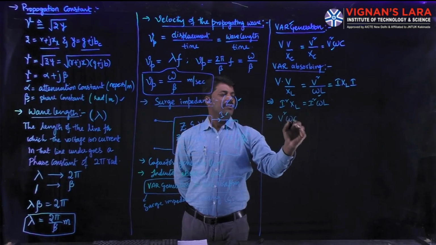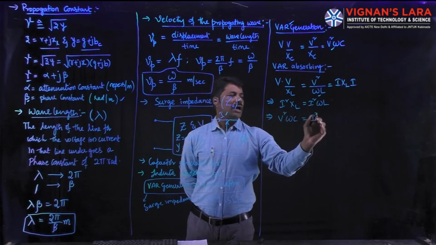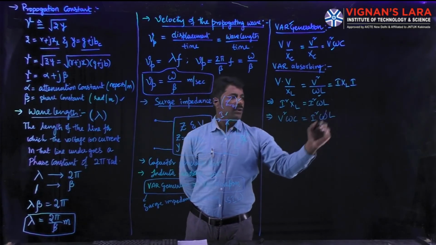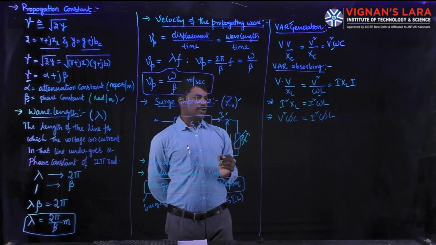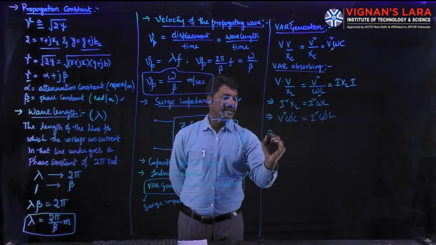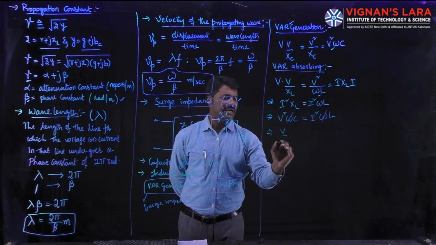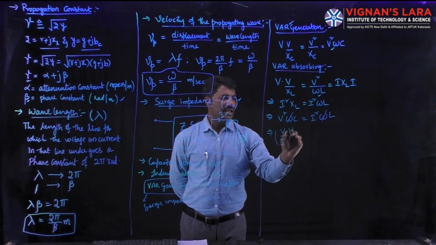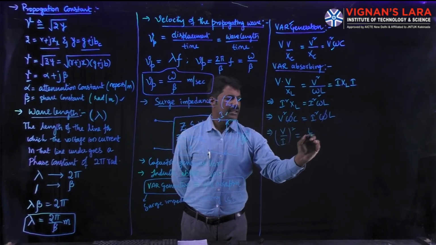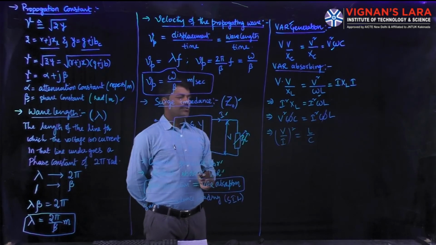V square omega C is equal to I square omega L. Omega gets cancelled on both sides. Then we can take the ratio of the voltage to the current, whole square, as L by C. What is V by I?